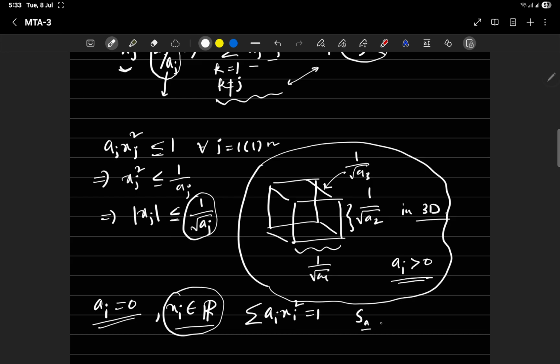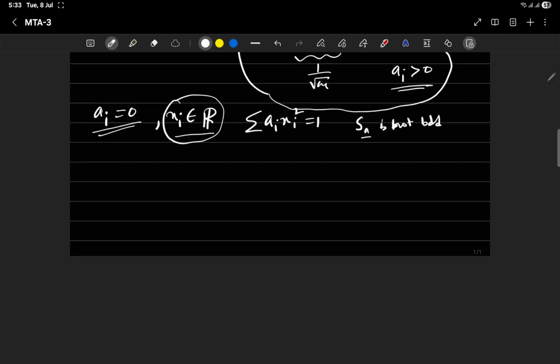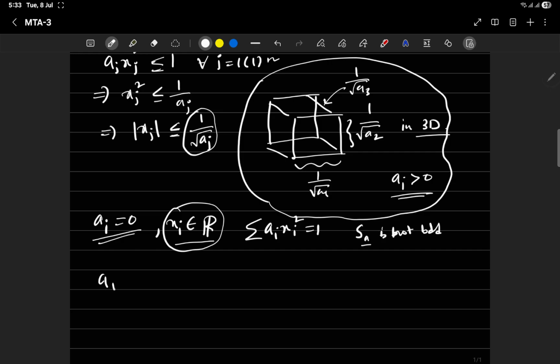So your SA bar is not bounded, right? And very importantly, if any of these is negative, the same thing will happen, because if one of them is negative, one of them will be positive, and we can take xj such that they will cancel out.